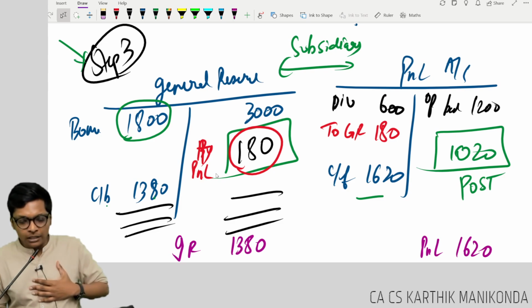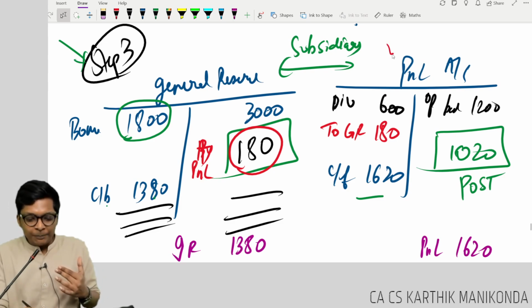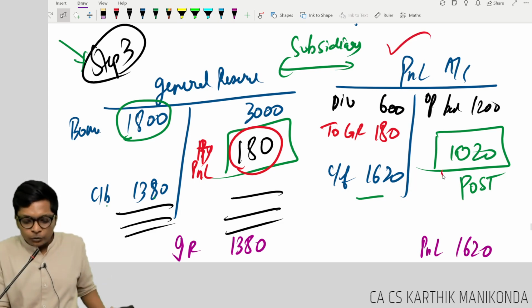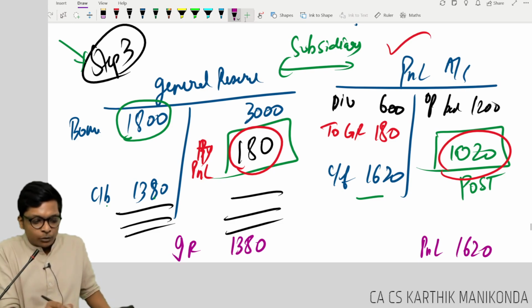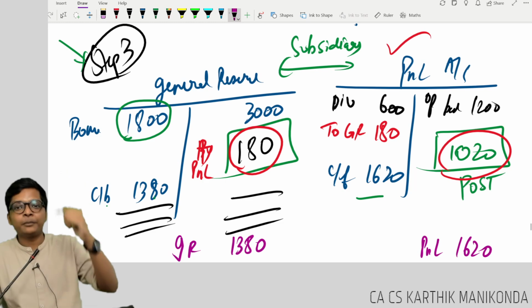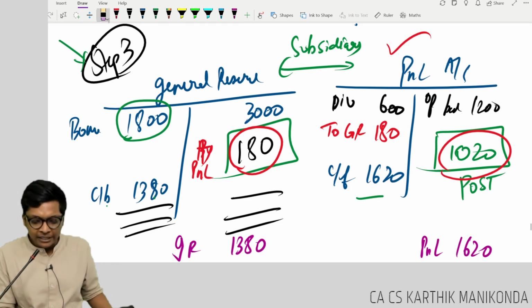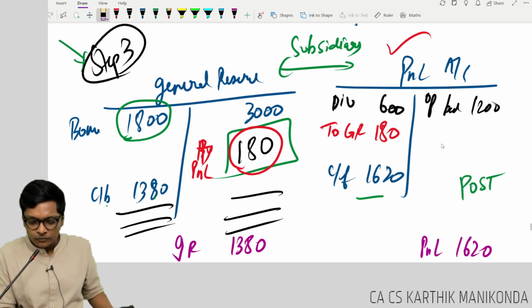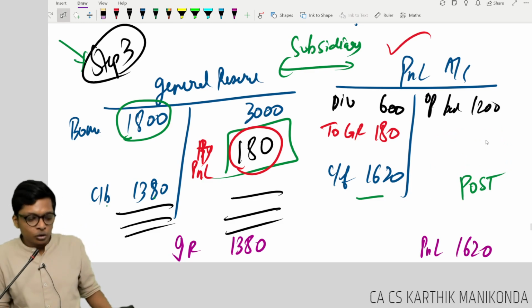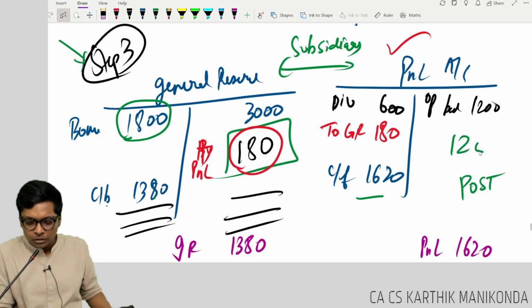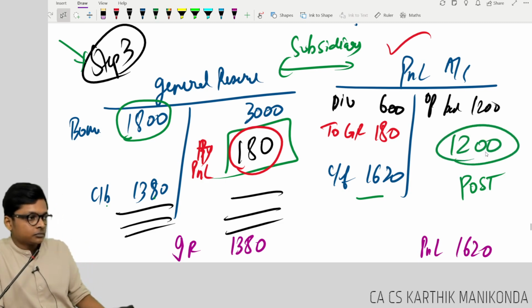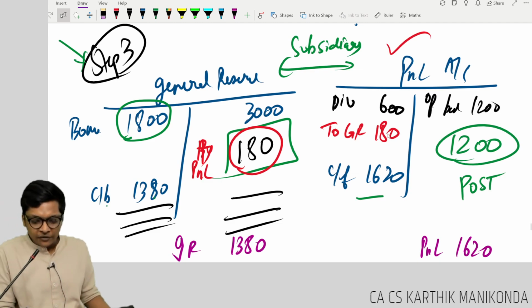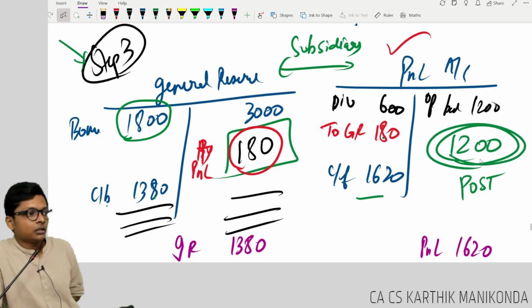If you did P&L first, I will close with 1020. Then when I am doing general reserve, I understood, oh, I have to go back and make the change. So here it will not be 1020. Instead it will be 1200. Correct? How, sir? If 180 comes here, then my closing balance will become 1200.